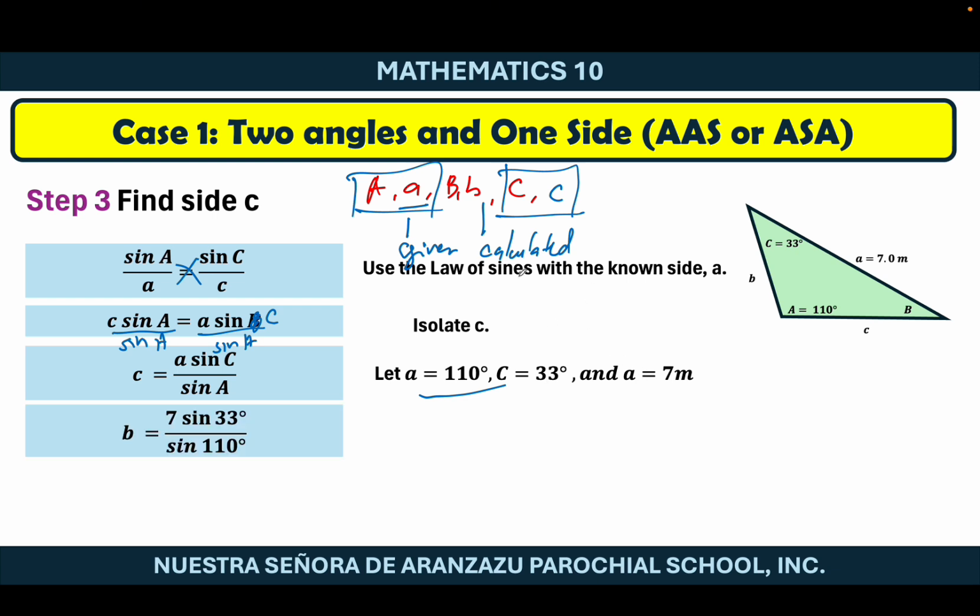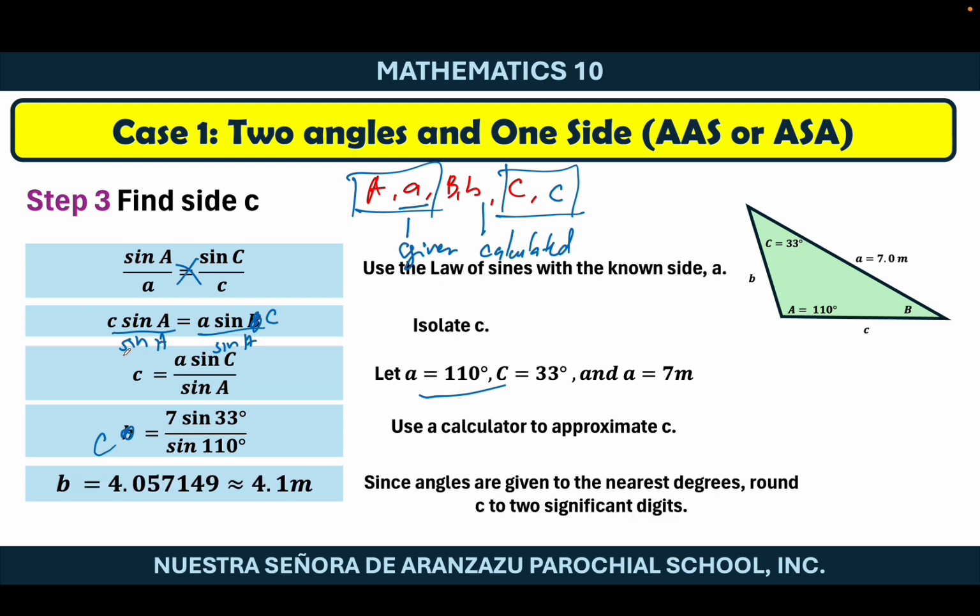Let us substitute this given. That will give us 7 sine 33 over sine 110. Oops, it should be small letter c. Then if we use a calculator to solve this, that will give us 4.057, or we can round this off as 4.1.